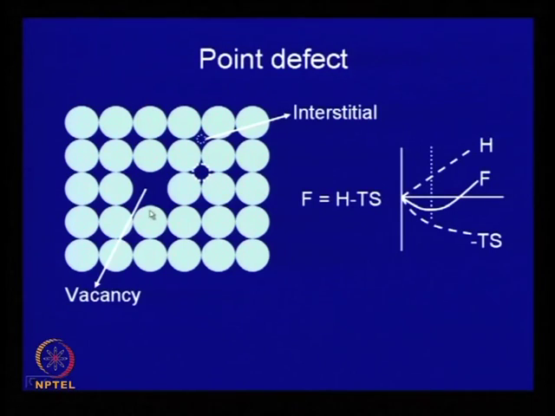And we know that stability of any system is defined in terms of free energy, which is written like this: free energy is equal to an energy term, internal energy H or enthalpy, minus T, the temperature, times entropy. The entropy is a measure of disorder.